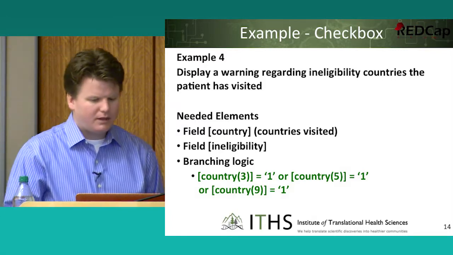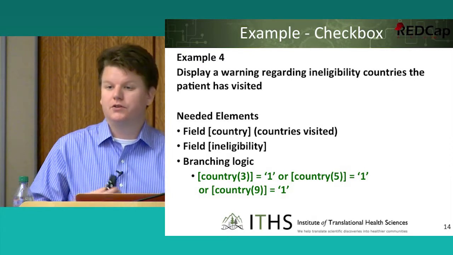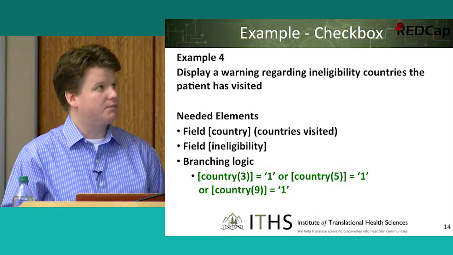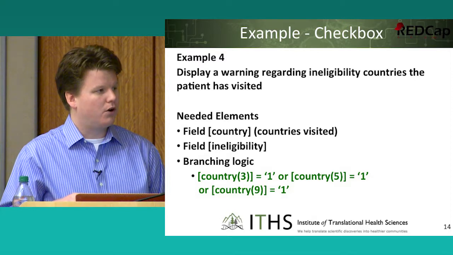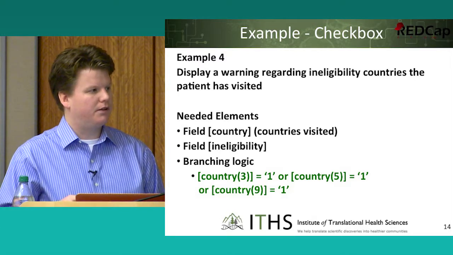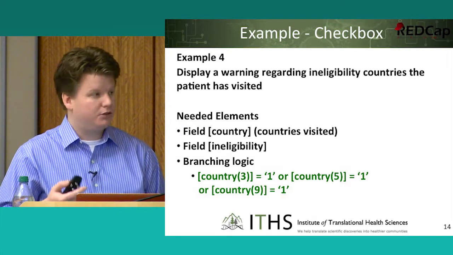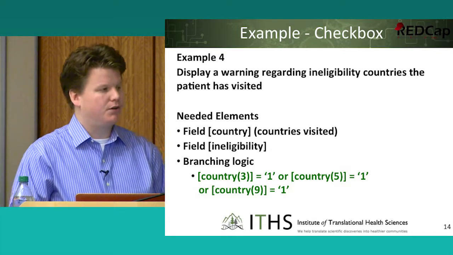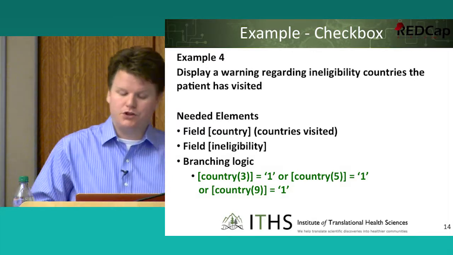There were 3 countries that had a travel advisory, and they wanted to screen out the people that went to those countries in the last 6 months. The countries' raw codes were 3, 5, and 9. So if either of those options were checked, 1, 2, 3, or just a single one, this would display the ineligibility question. If none of them were checked, then the ineligibility question wouldn't show up.